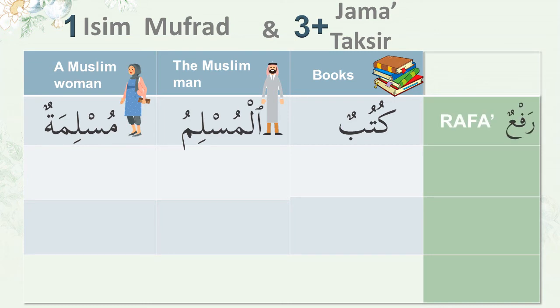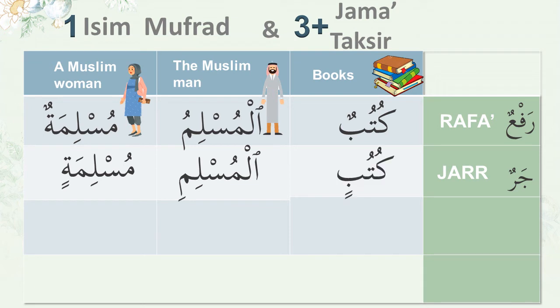When these words end with dhamma, they are rafa'. So, muslimatun, al-muslimu, and kutubun are all rafa' in status. When the i'rab status is changed to jar, the words become muslimatin, al-muslimi, and kutubin. So, when these words end with kasrah, you know they are jar.